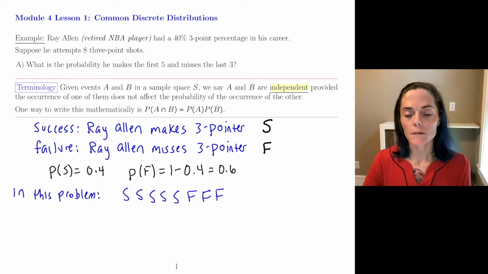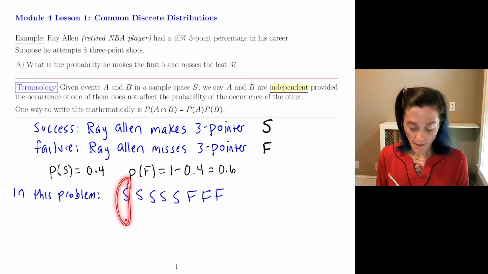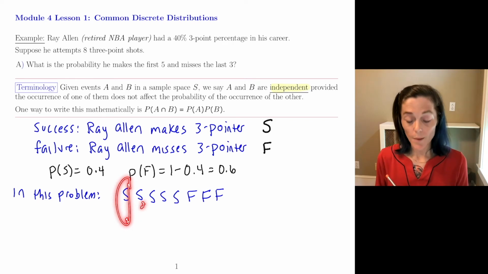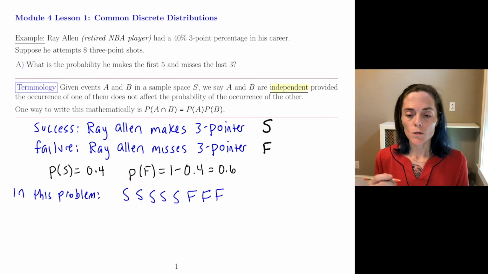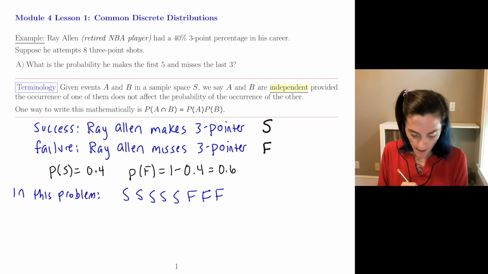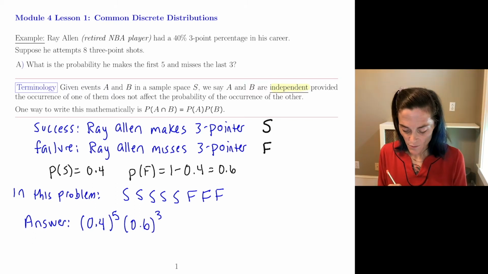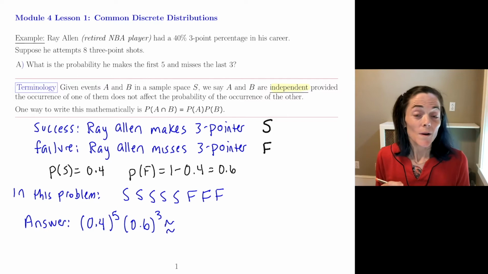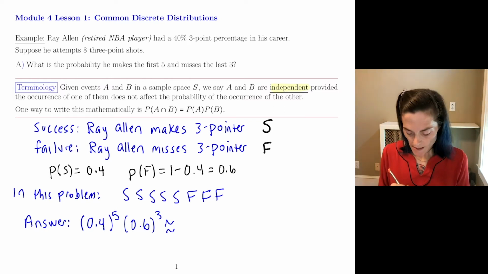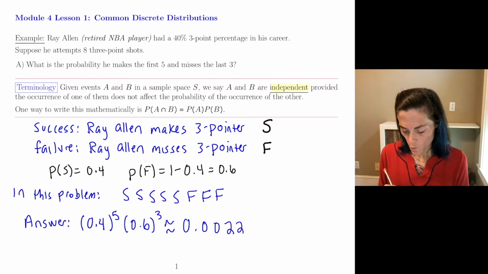Now, we can assume here that, say, making the first does not affect the probability of making the second, etc. So what we would do here is just multiply. The answer here is 0.4, the probability of success, to the 5th power, times 0.6, the probability of failure, cubed. You can use R or some other calculator to calculate this. This is approximately 0.002212.